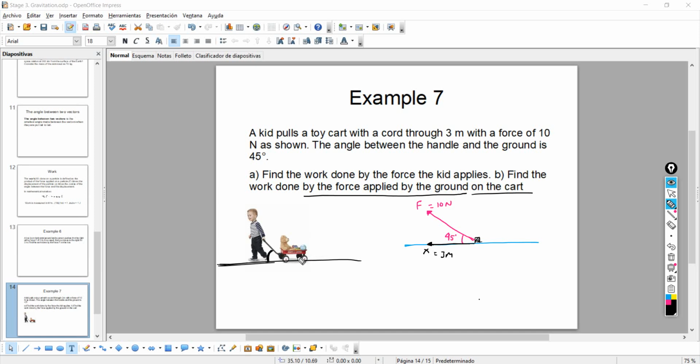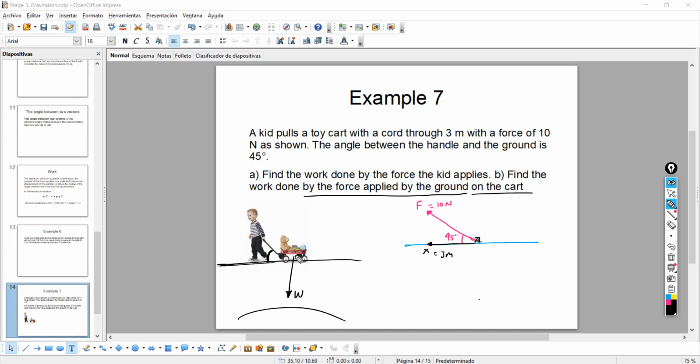For example, the one obvious one: the force of gravitation, which is its weight. That's the force that the planet Earth is applying on this object towards its center. So we have the weight of the cart.